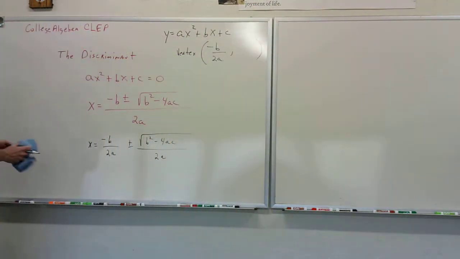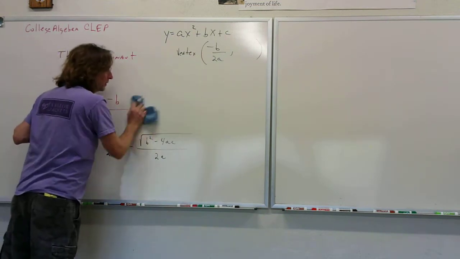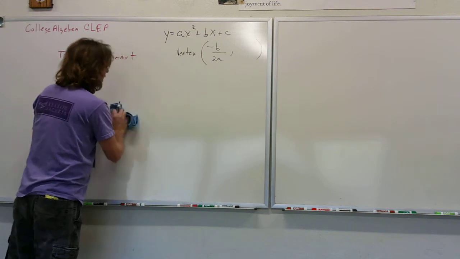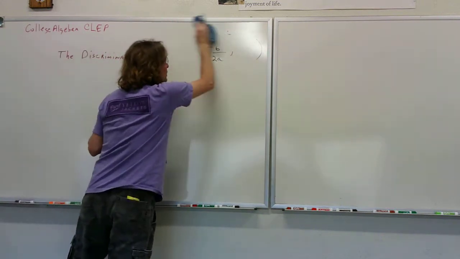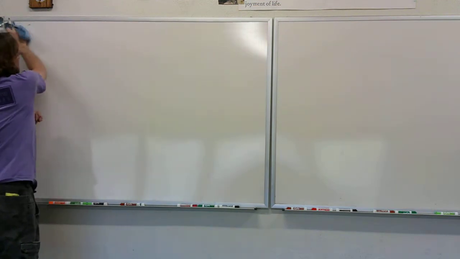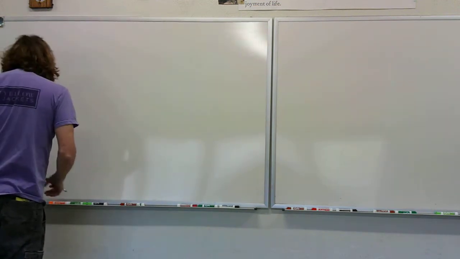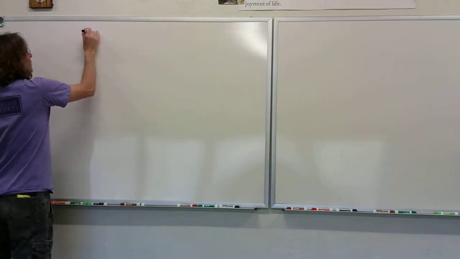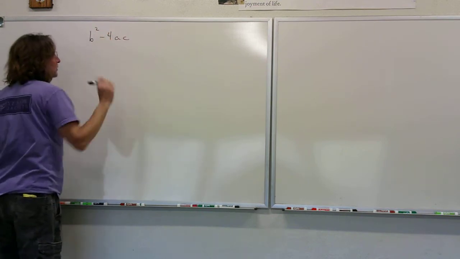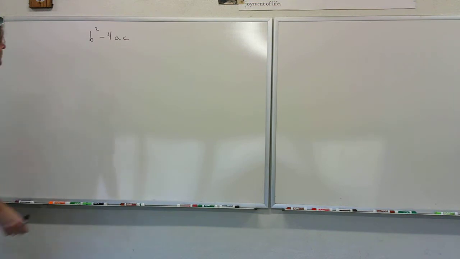Okay, the discriminant. It's the b squared minus 4ac part. It's just the part under the radical. Okay. Now, b squared minus 4ac. There's a couple things that could happen.